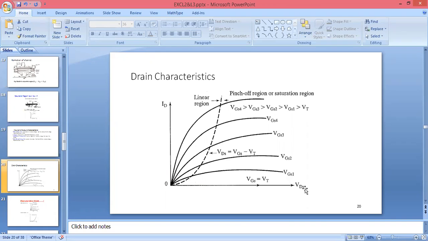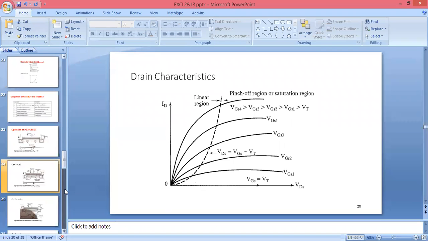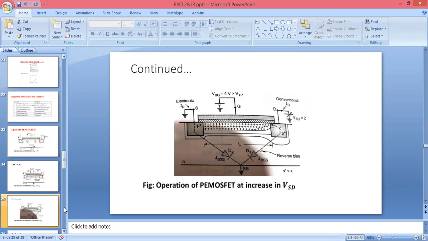Instead, if you are taking VDS, you have to draw here for negative VDS and current will increase, but it will be in a negative direction. This is the operation of P channel enhancement MOSFET.